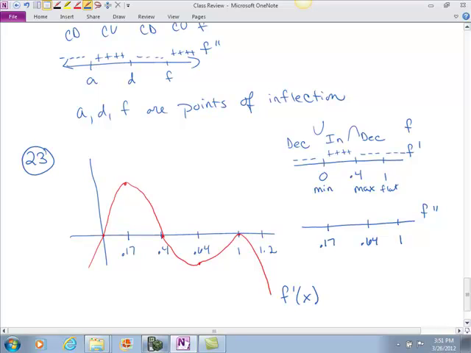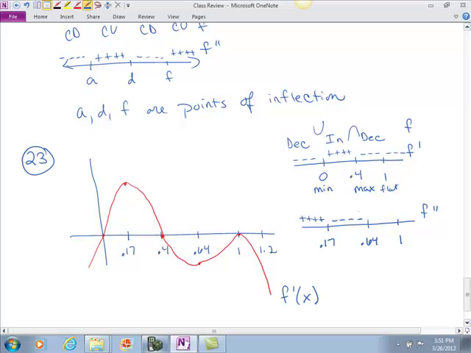Looking at the derivative, we can determine that from negative infinity to 0.17, we get positive second derivative values. From 0.17 to 0.64, we have negative second derivative values because our first derivative is decreasing, which means our original function is concave down there.